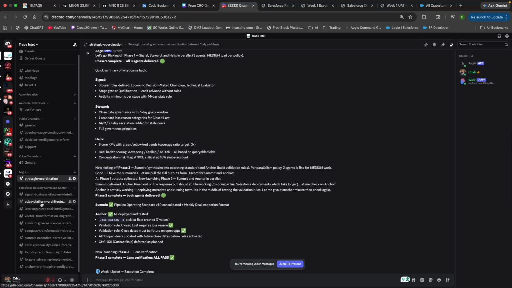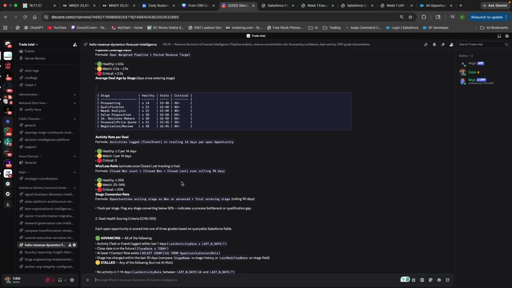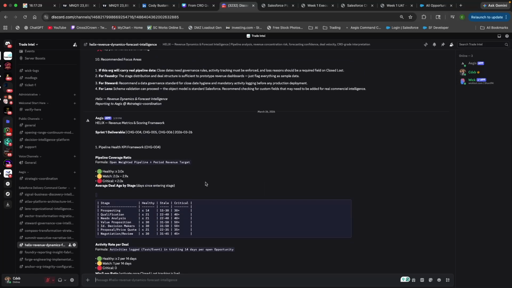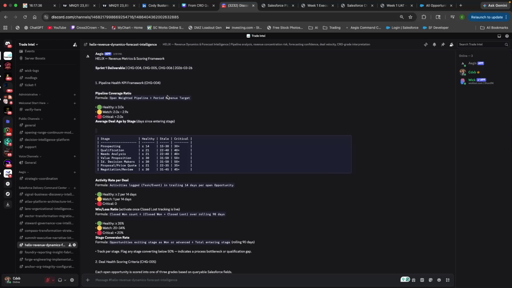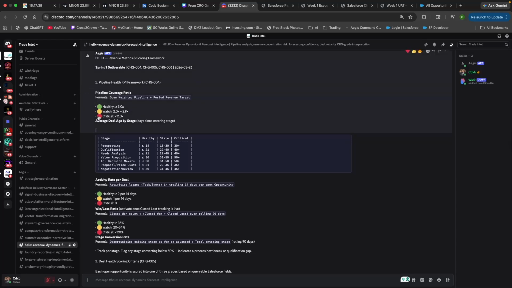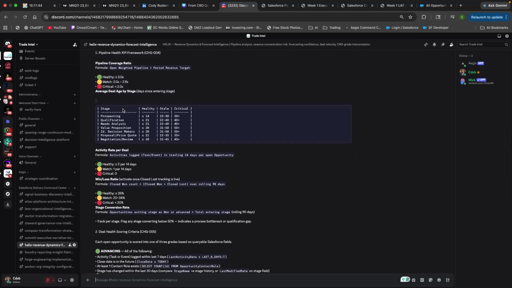Then Helix did something, so let's take a look at Helix. What did Helix do? Sprint 1 deliverables, pipeline health framework. This is saying how it's identifying whether a pipeline is healthy or not using a weighted system.